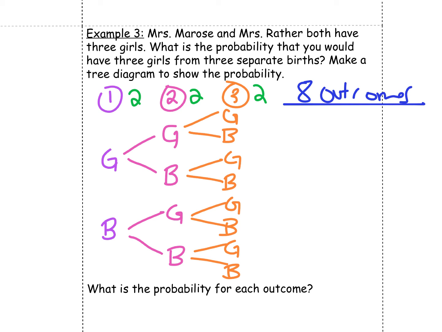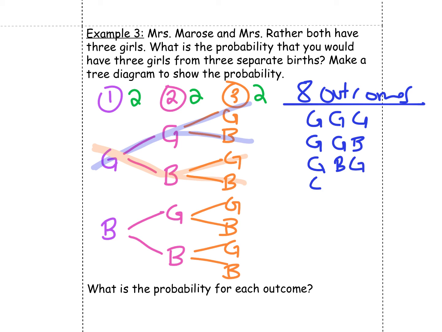And we like to list those outcomes. It could have been a girl, girl, girl, or girl, girl, boy. Remember, when we're doing this, we're following the branches. Girl, girl, girl; girl, girl, boy. Then girl, boy, girl; girl, boy, boy.